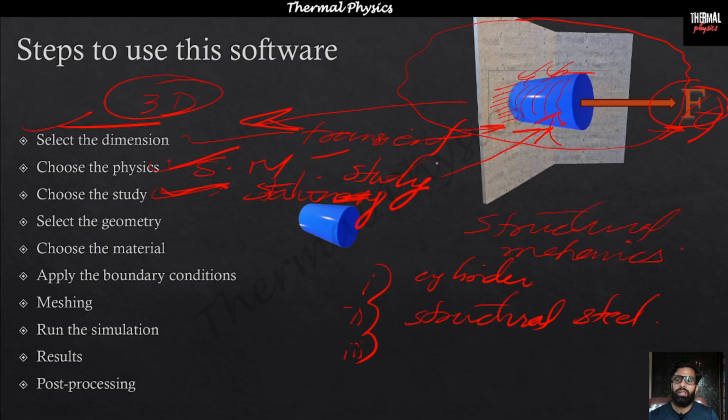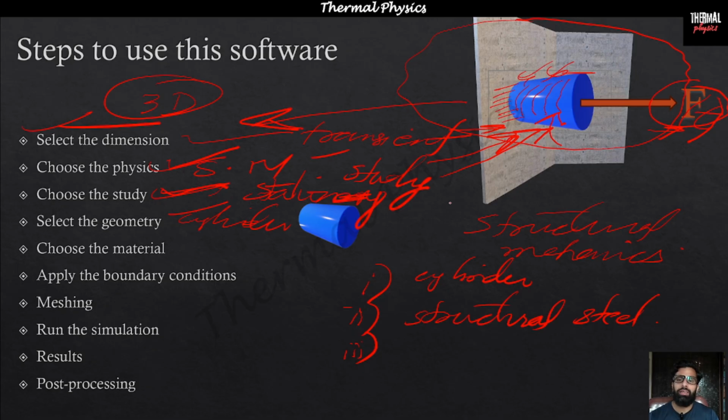Then we have to tell the computer what kind of geometry it is. Since by looking we know that our system has a cylindrical shape, we have to input the geometry. So we will tell it that our shape is a cylinder, so geometry is fed in the computer.